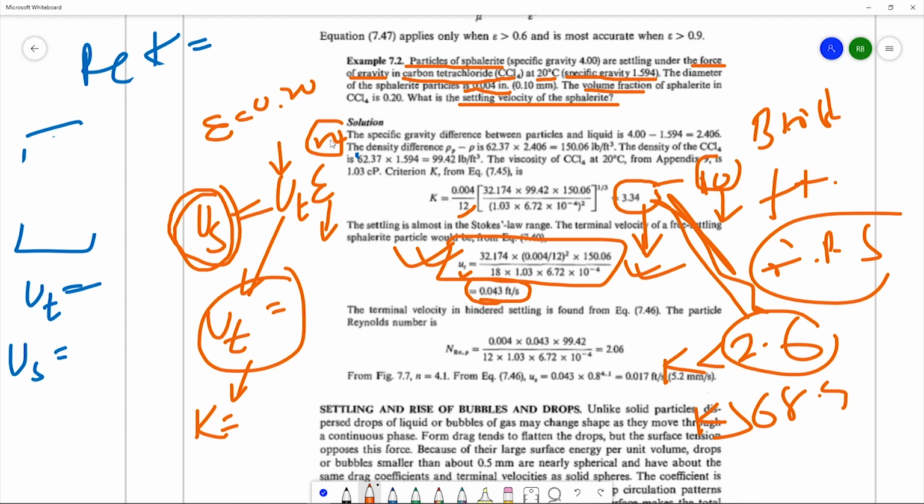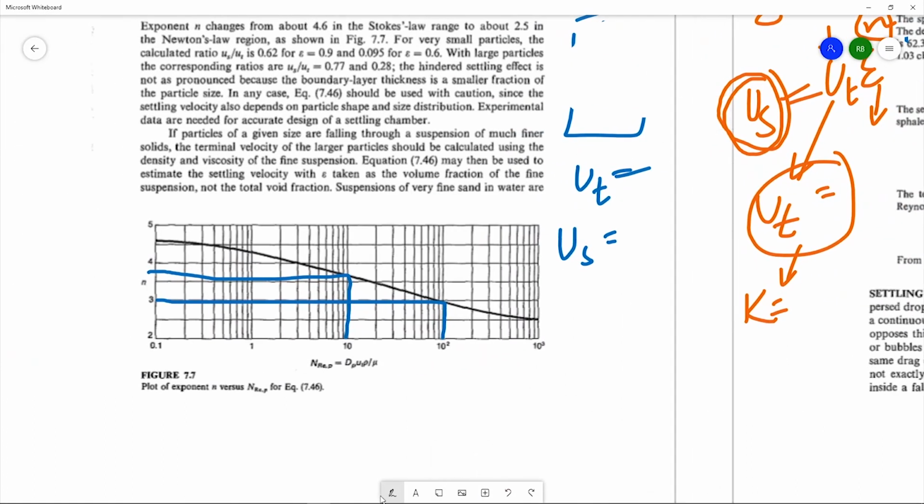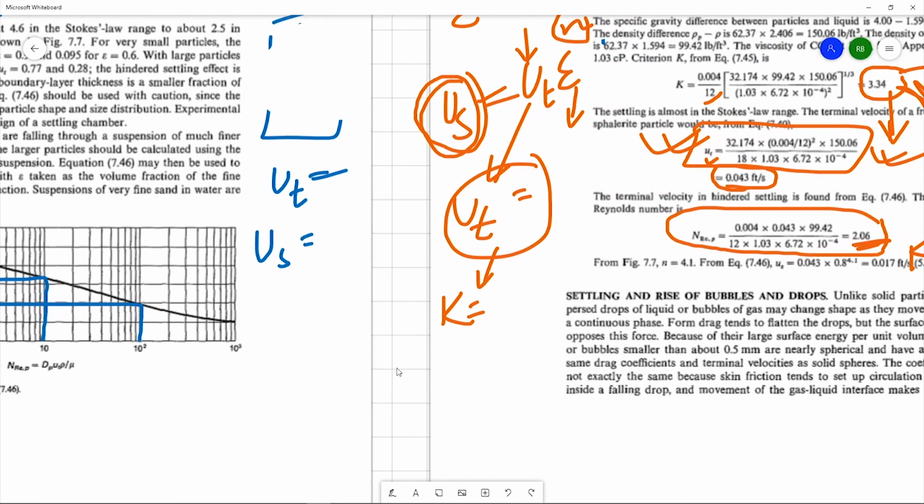As I told you, to calculate the n, first you have to calculate the Reynolds number. So first calculate the Reynolds number. If you calculate the Reynolds number, then it is found to be 2.06, right? So if the Reynolds number is 2.06, then what will be the value of n? From this figure, you can see the Reynolds number is 2.2.